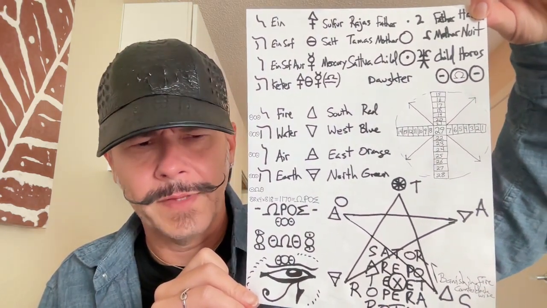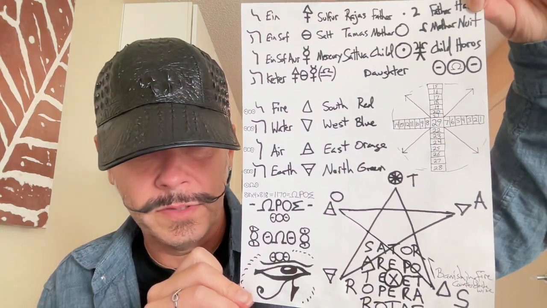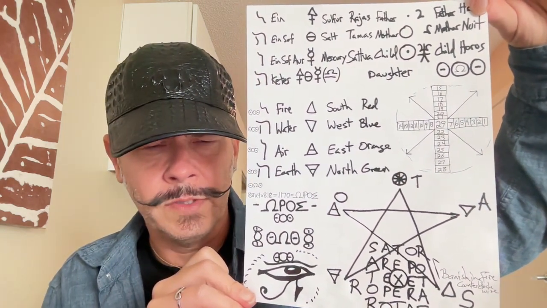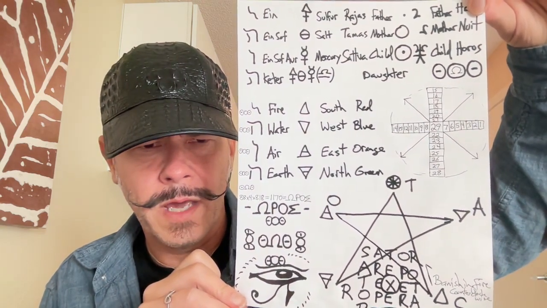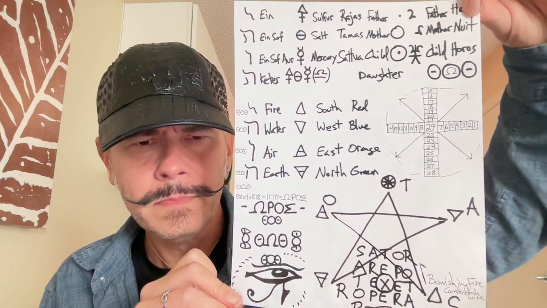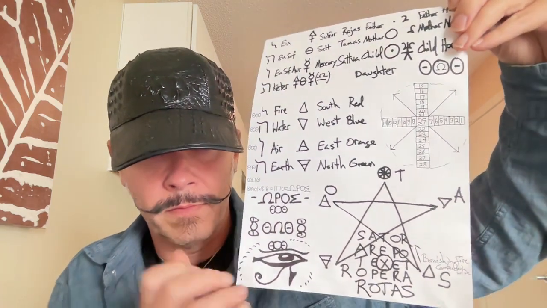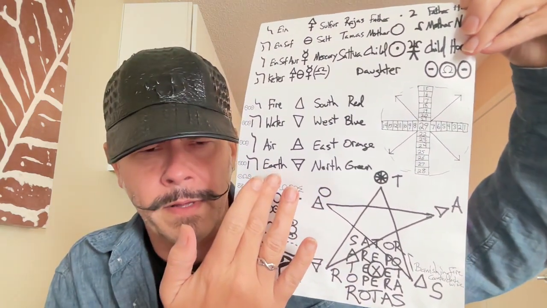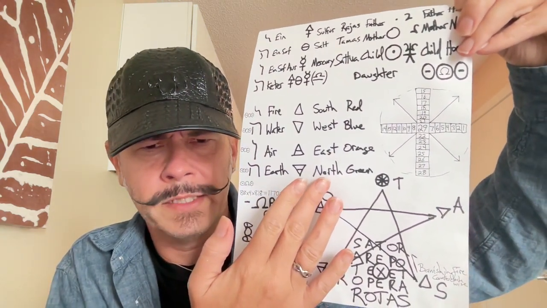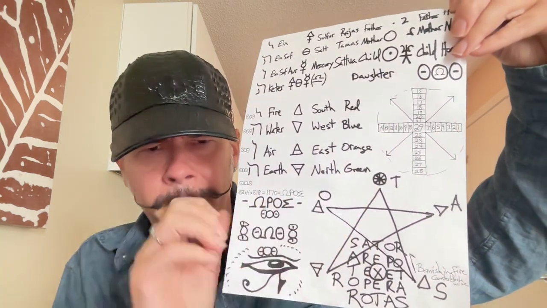And as I said from the get-go, there are two main contenders, but the correlations I use just show that of my favorite, and that is to use the Yod-He Vav-He elemental order as fire, water, air, earth to represent the directions south, west, east, north, which is to say the colors red, blue, orange, green.